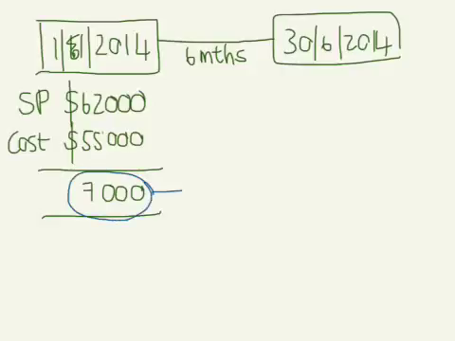they are going to charge depreciation on a value of $62,000, because that is the value of the property, plant and equipment item in their accounting records. But for the group, the cost of the asset is only $55,000.